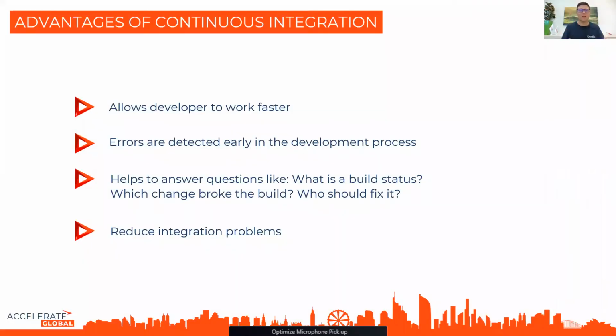Let's have a look at the advantages of continuous integration. As soon as we have continuous integration, we are able to detect errors and fix bugs as soon as possible. If there are any integration problems, and you integrate changes often, they are usually small rather than integrating changes later.